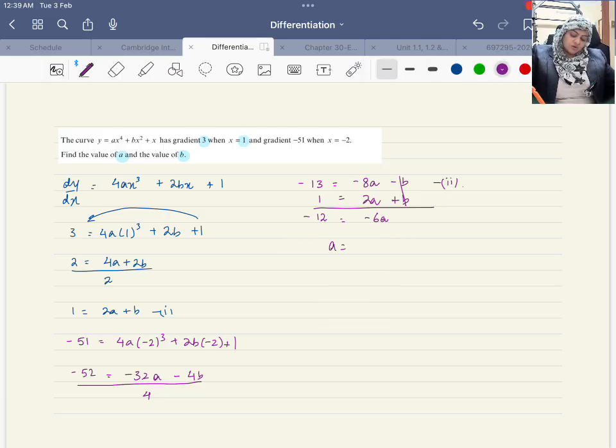A is equal to 2, not 3. I'm so sorry. I put a is equal to 2 in this equation. This is 1 is equal to 2 into 2 plus b. 1 minus 4 is equal to b, and b is equal to minus 3. Okay?